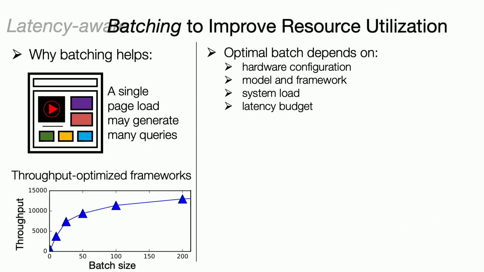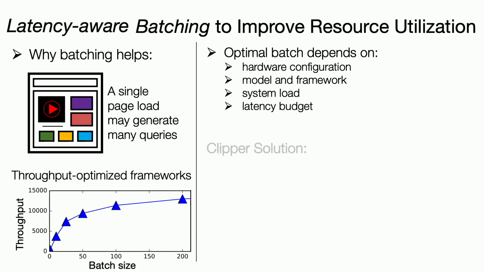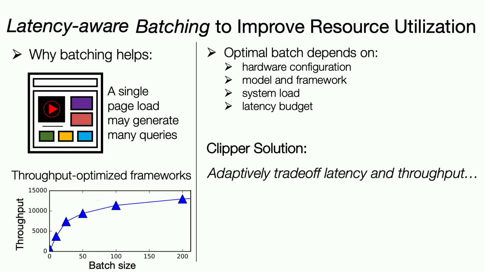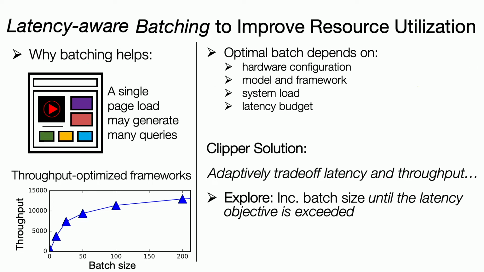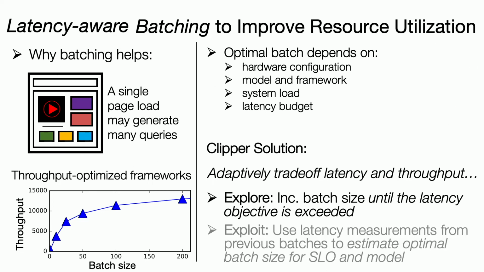In order to be latency aware, what Clipper does is adaptively trade off latency and throughput. We have an explore stage where we increment batch size until the latency objective is exceeded, and an exploit stage where we use the latency measurements from the previous batches to estimate the optimal batch size for the particular SLO constraint and for that model.